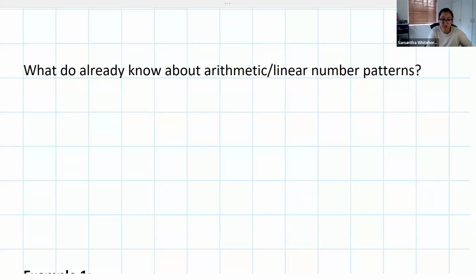Tell me something that is unique to a linear pattern or an arithmetic pattern, some way that we can identify them. How do I know I'm working with a linear pattern?